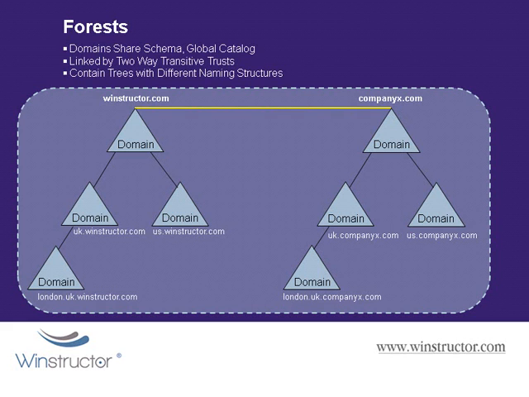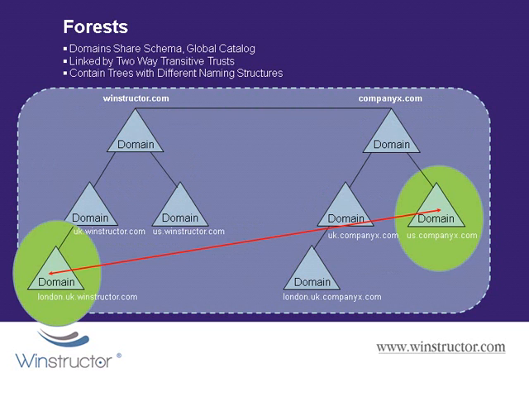So even though in our example here, our domain trees in our forest have different namespaces from each other, and we can see that winstructor.com and companyx.com are certainly different names, they're linked by a two-way transitive trust. So this enables each domain tree and their respective child domains to be able to communicate with each other.